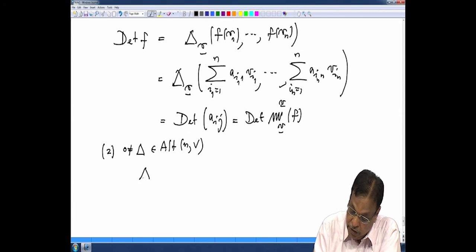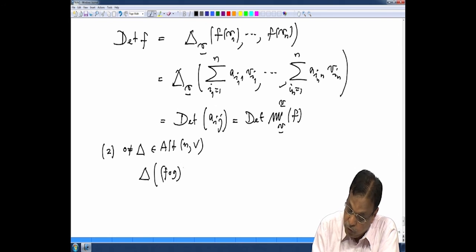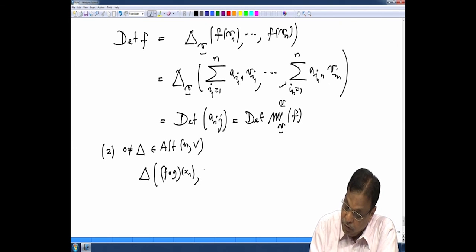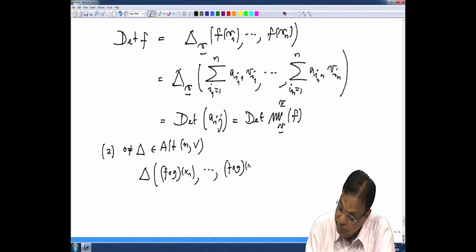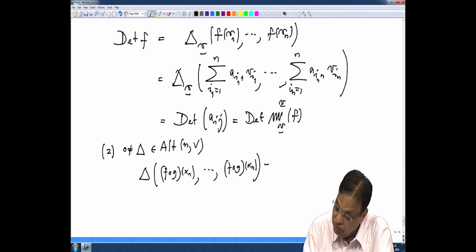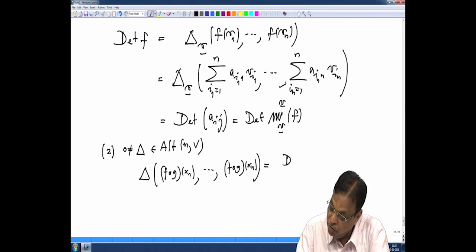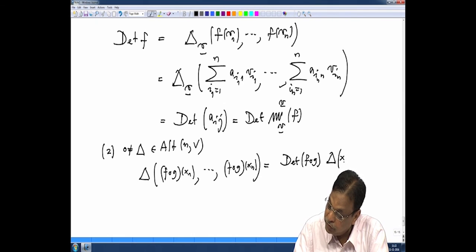So delta of, when I apply f composite g on x1 up to f composite g on xn, what comes out is the determinant of f compose g times delta of x1 to xn.